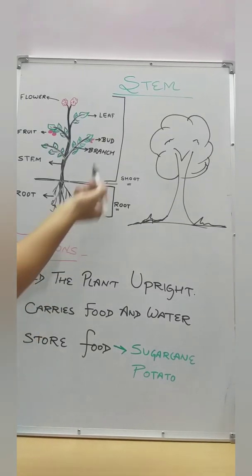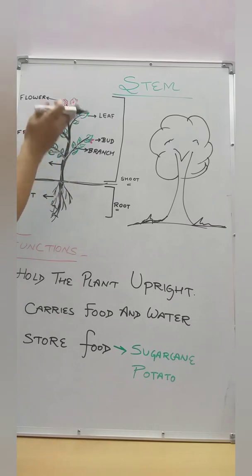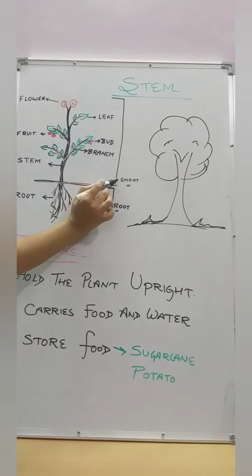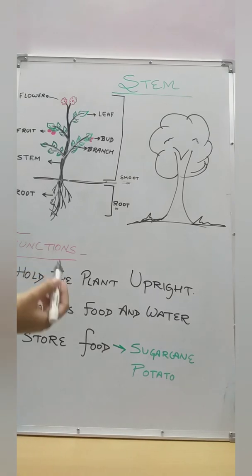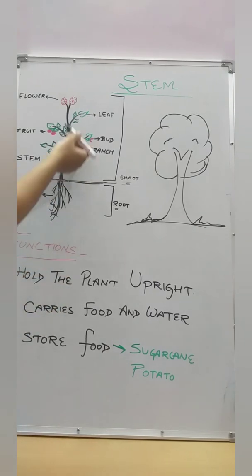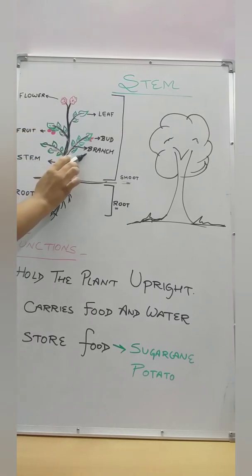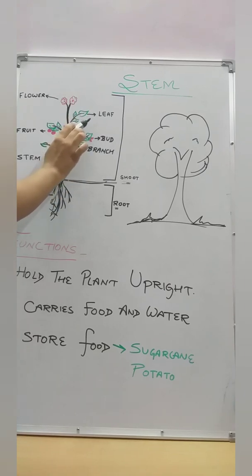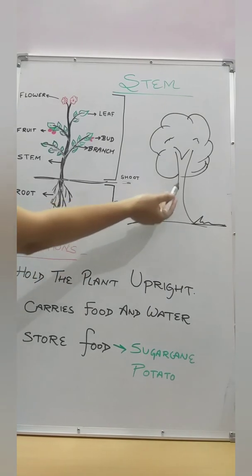Next is stem. Stem grows above the ground and it is the main part of the shoot. So here you can see stem bears fruit, flower, branch, bud and leaf. Some trees are there like neem and mango tree.